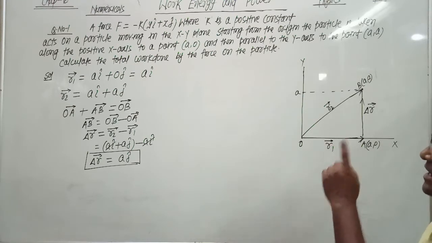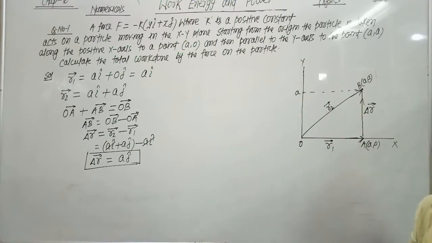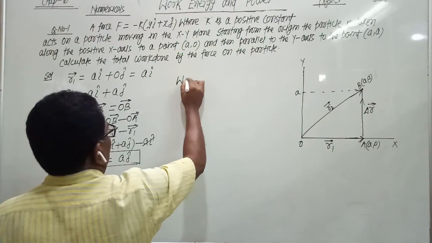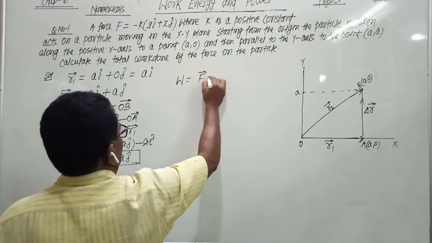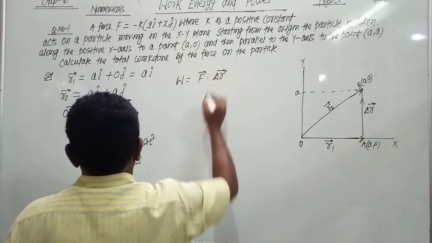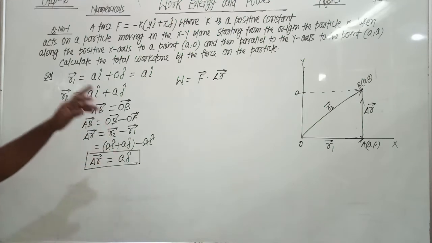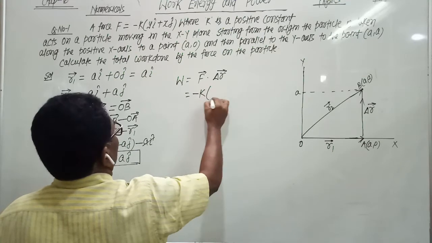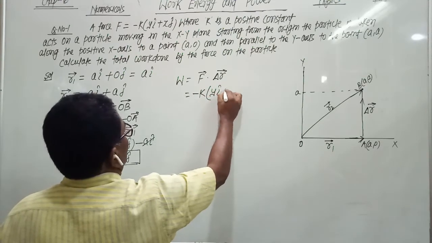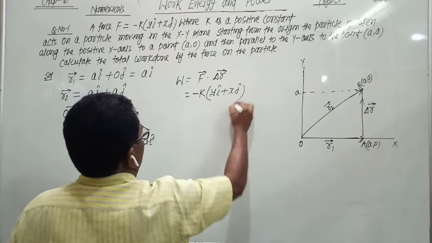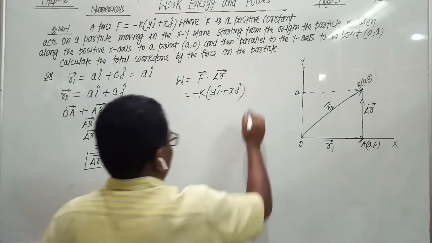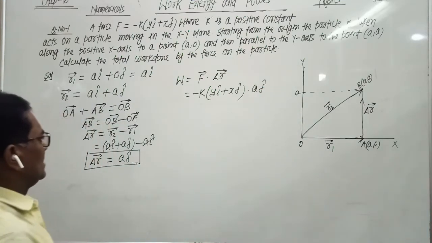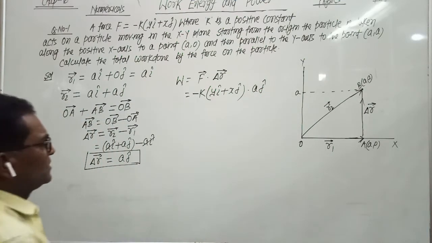Now we have to calculate the total work done by the force on the particle. So total work done W equals F dot delta r vector. The F vector is given: minus K (y i cap plus x j cap). And the delta r vector we have calculated is a j cap.